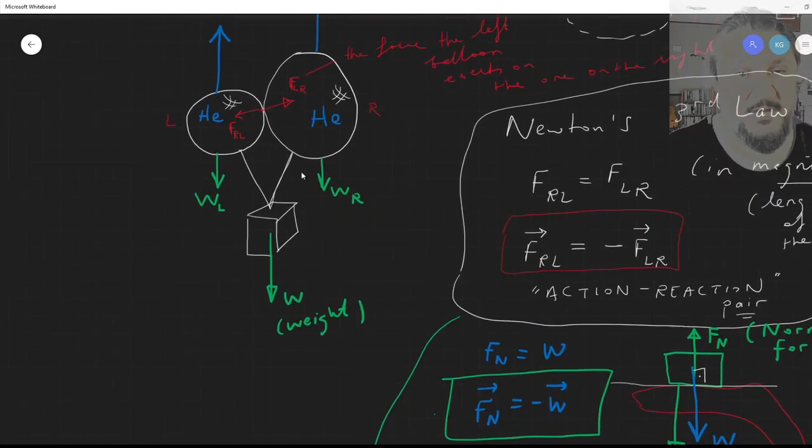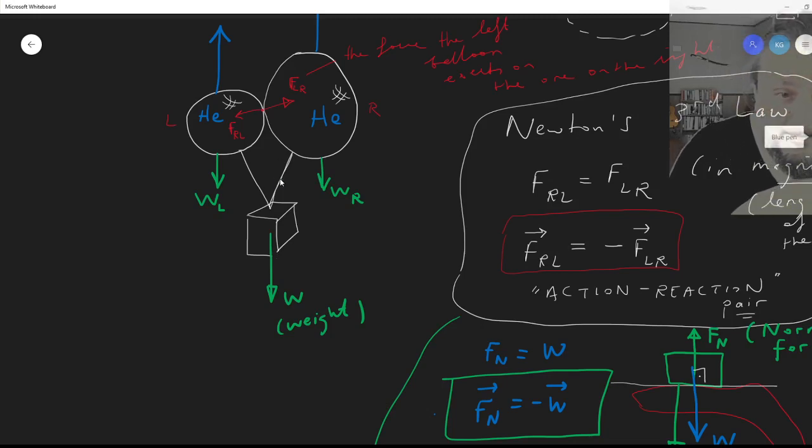I was just talking about FLR and FRL, which are the action-reaction pair. Now, let's only focus on our object, your birthday present. If you do that, which means you're isolating your object here. Isolate this.